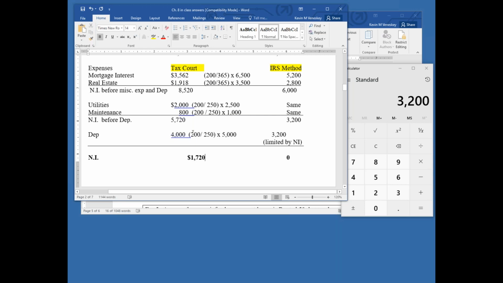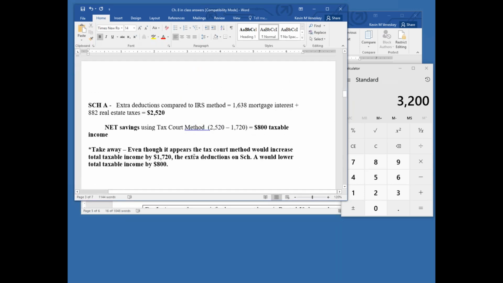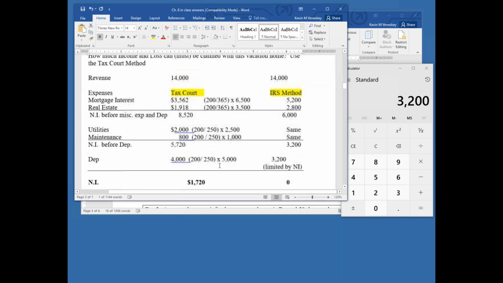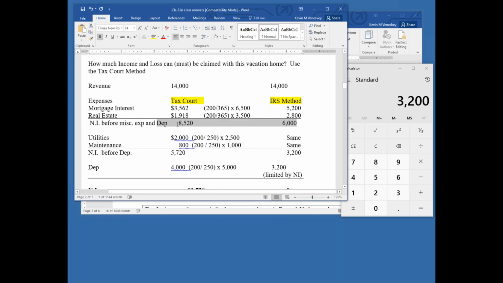But if I do itemize, as I said this person does, look at what happens. There's an extra 2,520 that I couldn't take or that I didn't take up above. And remember that number, that 2,520. That was the difference here. And you could have done that adding these, subtracting out these two.